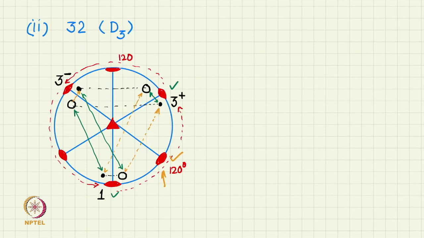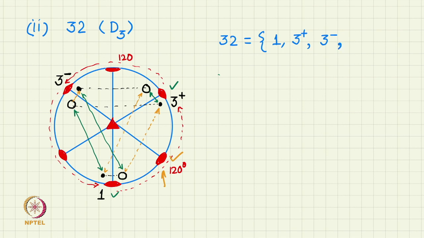So, let me write the operations now. The operations of 3 2: identity, then 3 plus and 3 minus, these 3 were there.